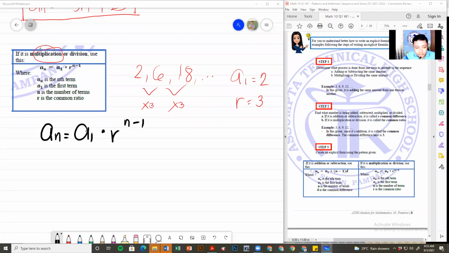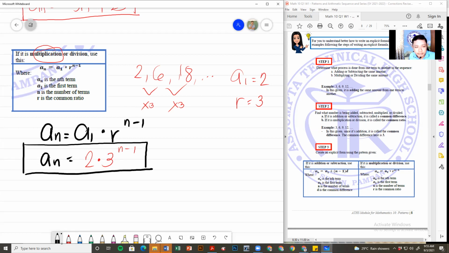Just substitute. a sub n is equal to a sub 1, which is 2, times r, which is 3, raised to n minus 1. And that's it.